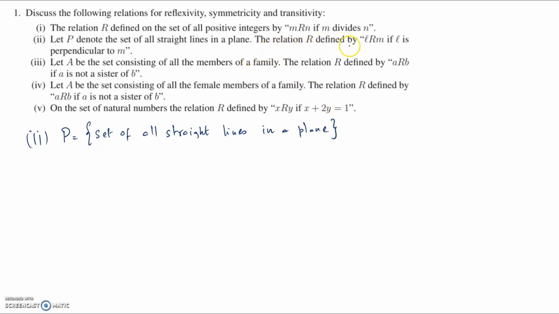The relation R defined by L related to M if L is perpendicular to M. So let's say that this is our L, then this is our M. So they are perpendicular. Okay, so that's the relationship. So let's look at the first relationship, which is reflexive.